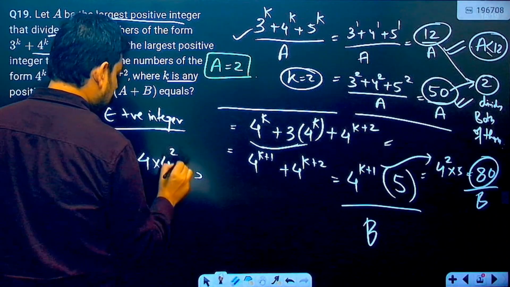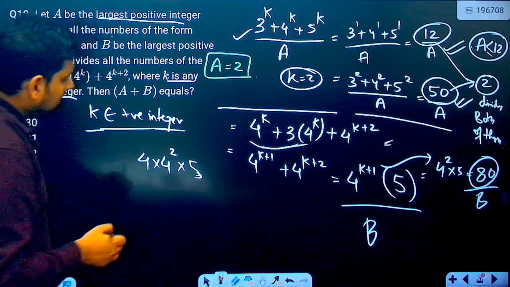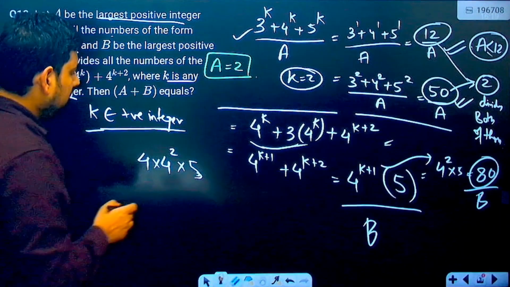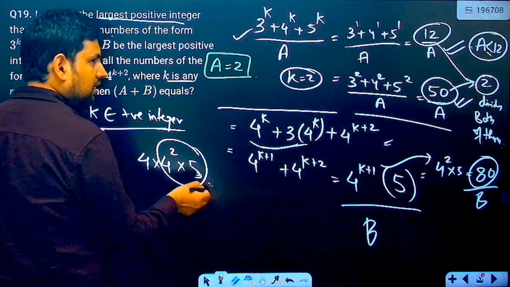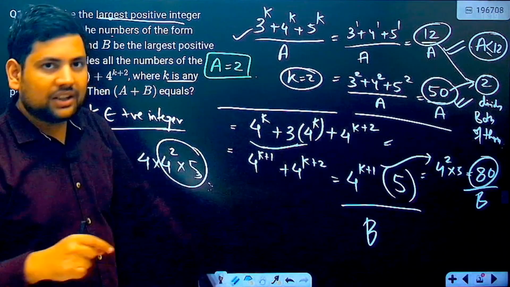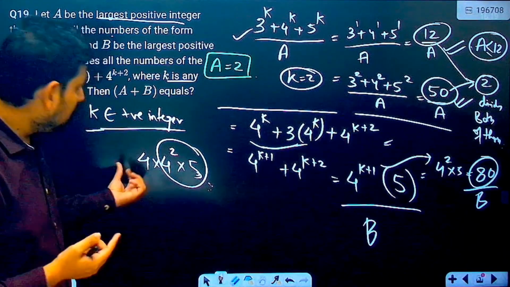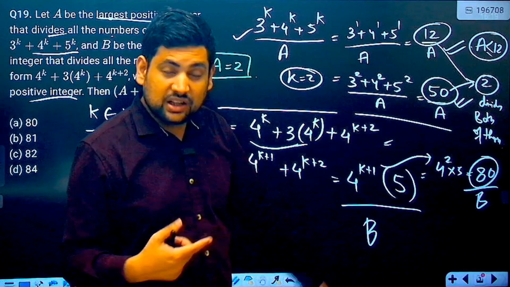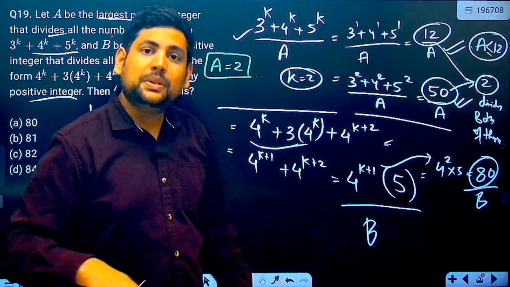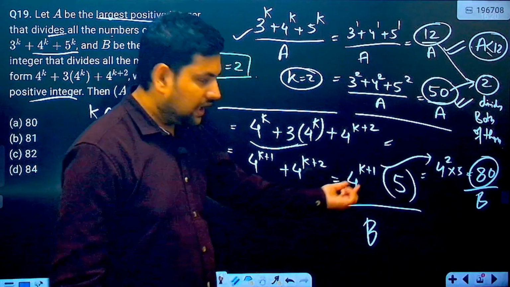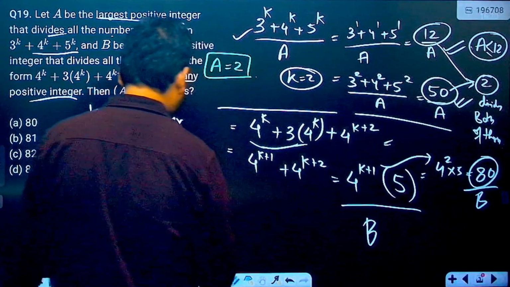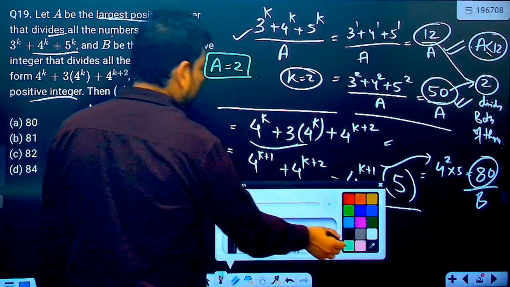So then this will simply become 4 into 4 square into 5. So 4 square into 5 is already 80. Correct. So basically every time I am increasing the value of k by 1, I am just multiplying it by 4. That means if b is the largest number that can divide this, b can be 80. Correct. For k equals 1, you are getting 80. So the value of b can be 80 here.